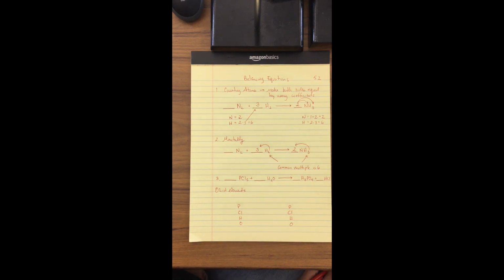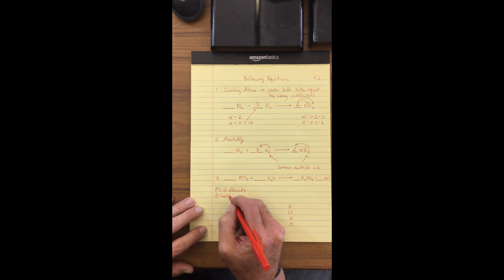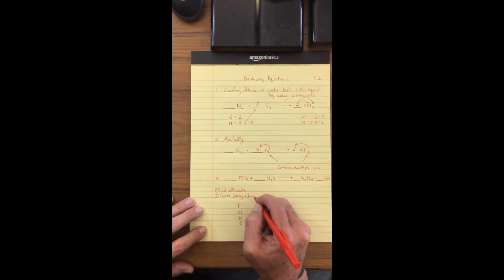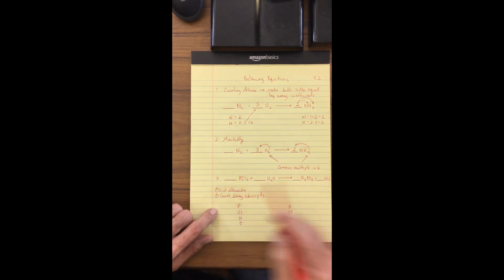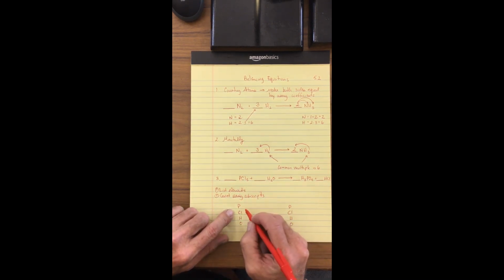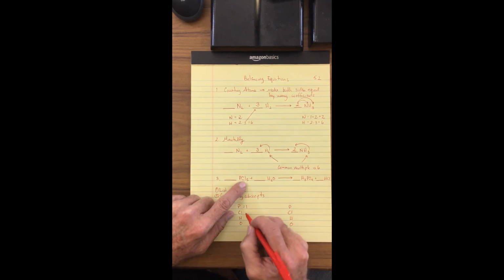Then we're going to be counting using the subscripts. Count using the subscripts. How many P's do I have on the left? I have 1. How many Cl's? I have 5.